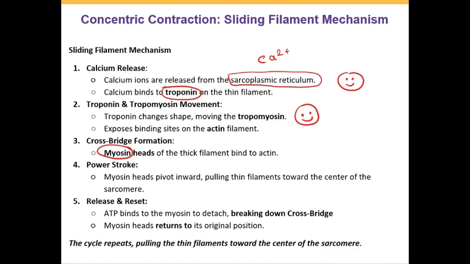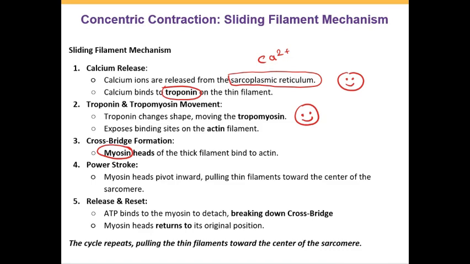So cross bridge formation happens after calcium release, troponin changes shape, and the tropomyosin shifts out of the way. Now when the actin molecule has been exposed, the myosin heads bind to the actin.